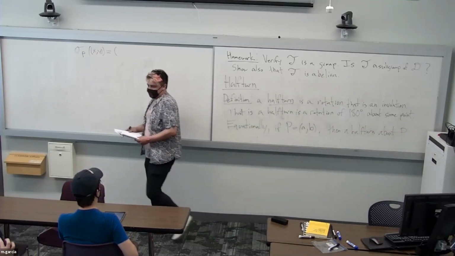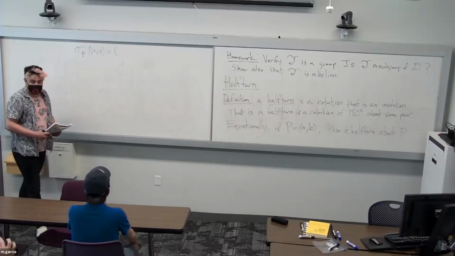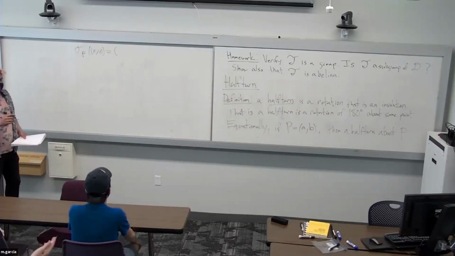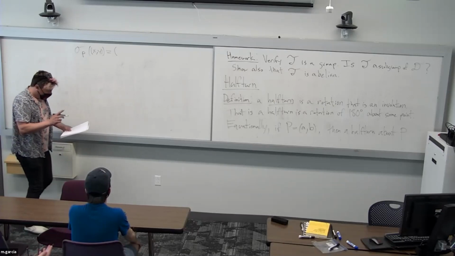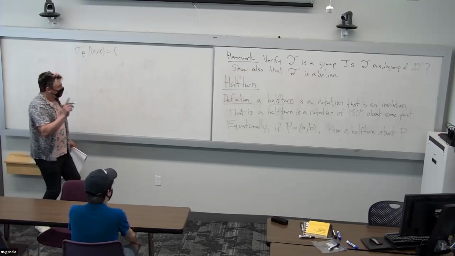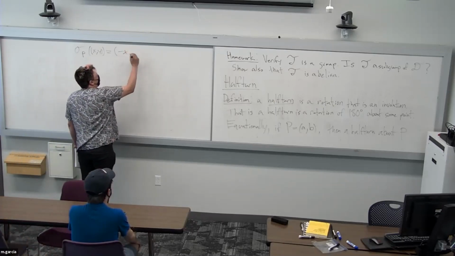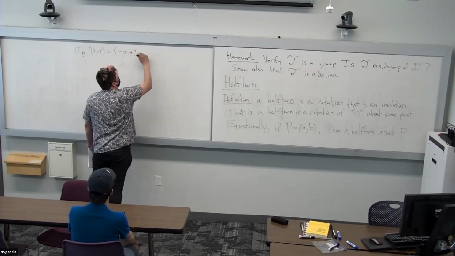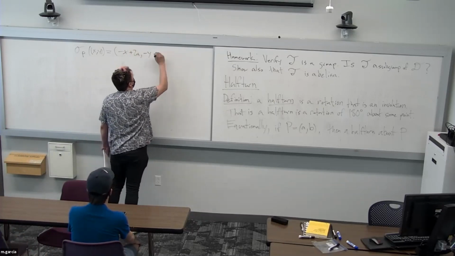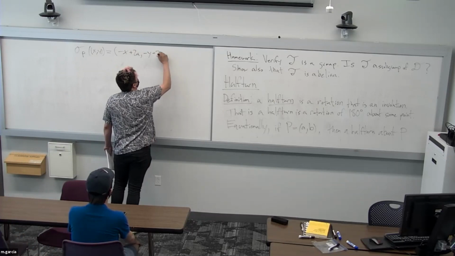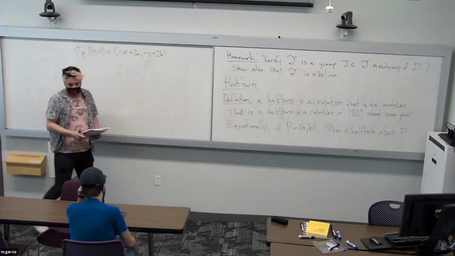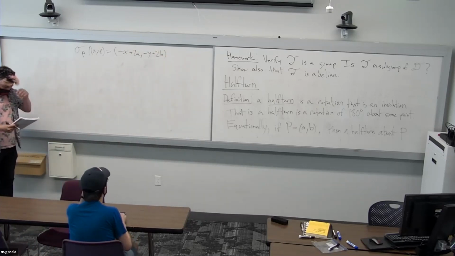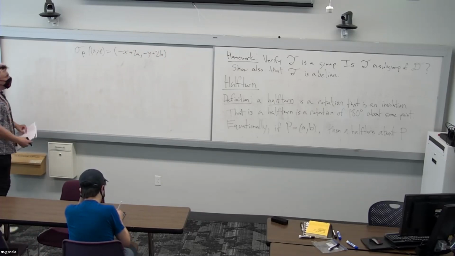Minus 2a minus 2x, or like that, very close. Negative x plus 2a, negative y plus 2b. Very close. Okay, where does this come from?